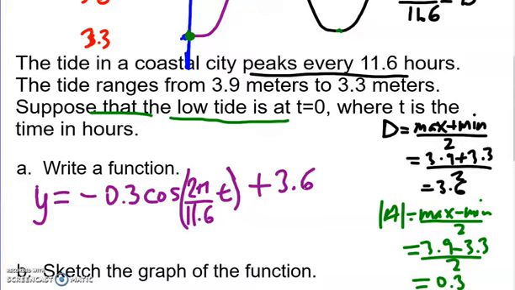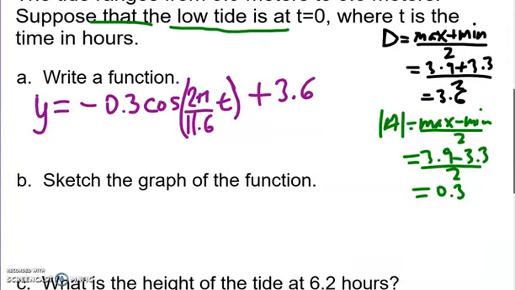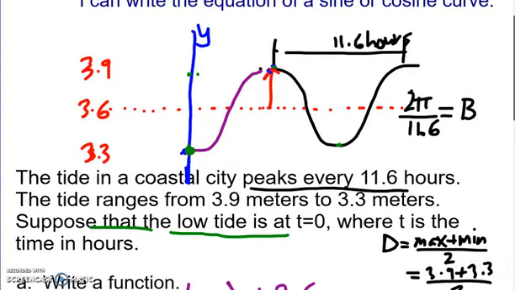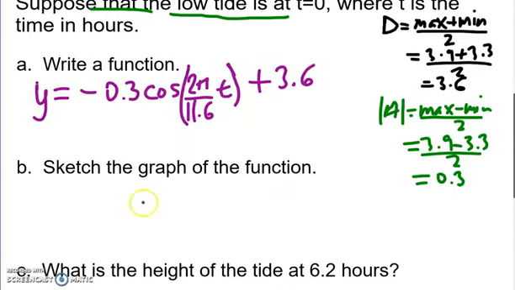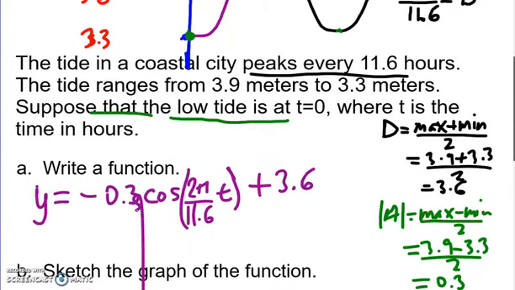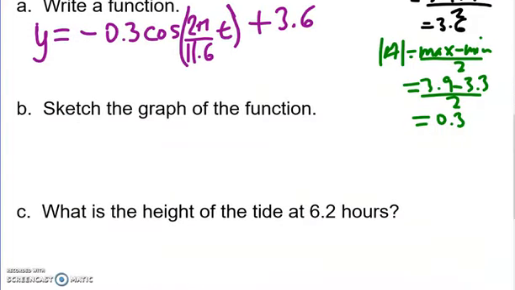Okay, so that is the function. Then it says sketch the graph. I think we have done that already up here. So we'll see. It's just right here, C above.